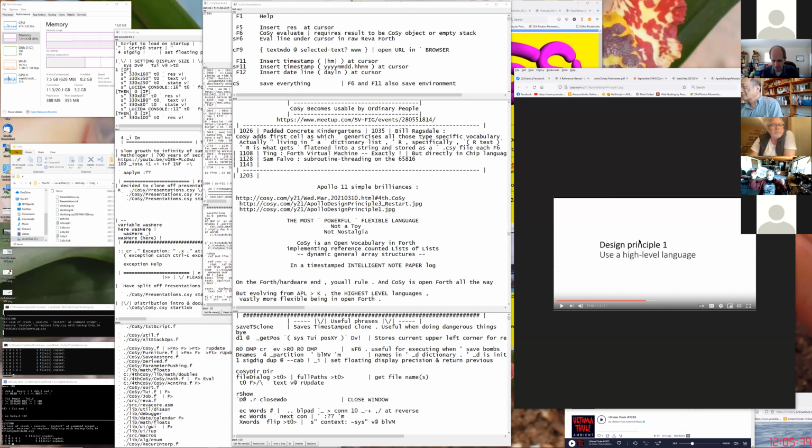Design principle number one was use a high level language. On this incredibly minimal little machine, they implemented matrix algebra because, of course, they were calculating their path to descent to the moon.